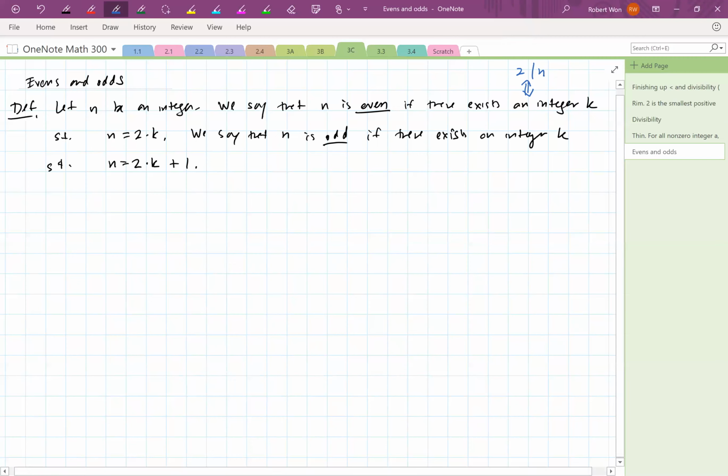That's equivalent to this definition. Another thing is I've defined n to be odd if there exists an integer k such that n is equal to 2 times k plus 1. An alternate definition in an alternate universe is I might have said we say n is odd if it is not even.